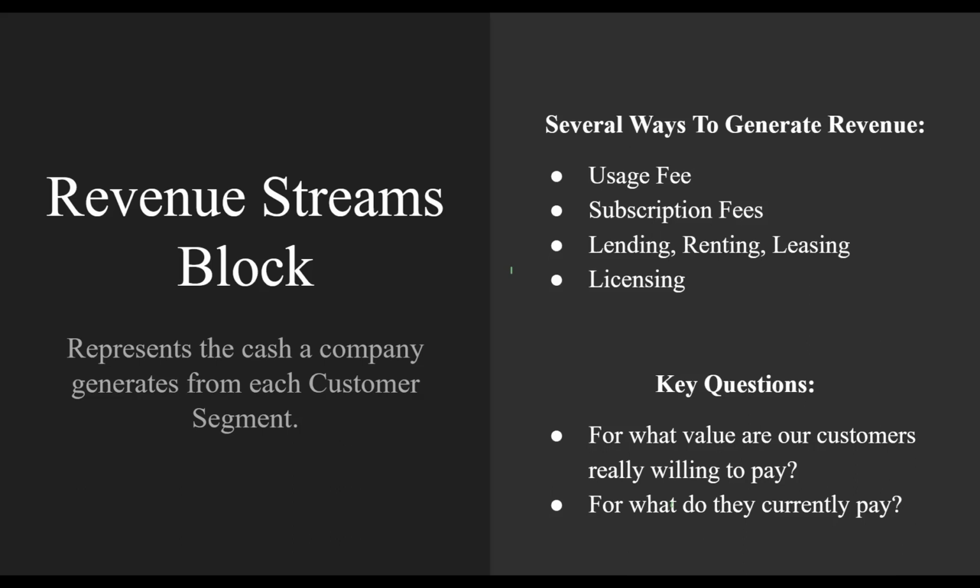You should write down in what form you are going to receive the money from the customers, in what ways. It can be usage fee, subscription fees, lending, renting, leasing, licensing, or just direct sale. They can pay you in cash or by credit card if you have the appropriate part.